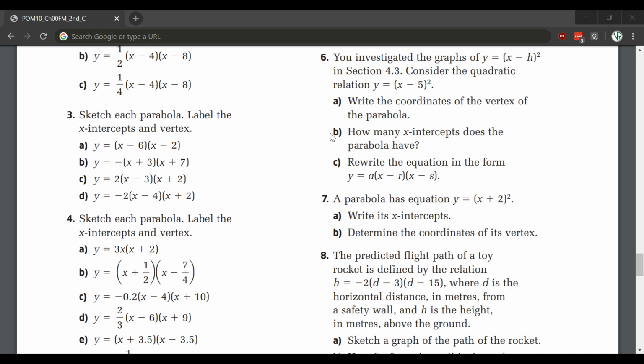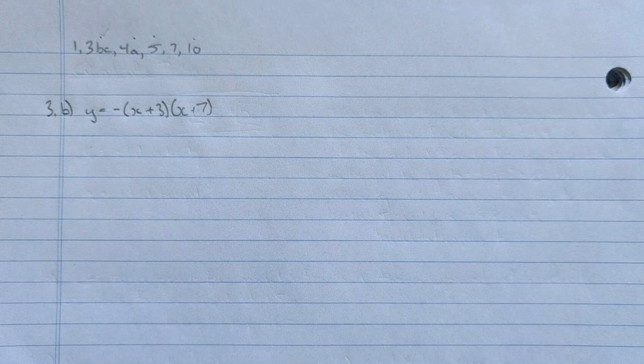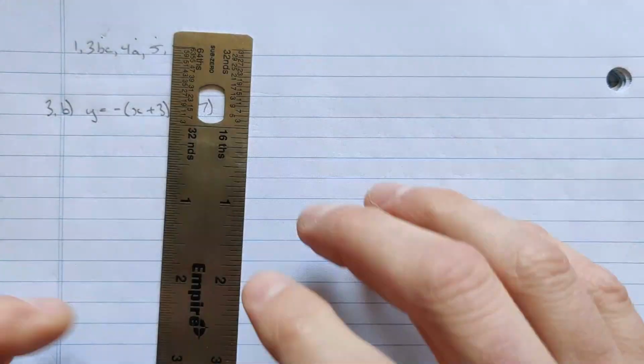And so I'm just going to copy that down for myself here. x plus 3, x plus 7. So there is the equation, and what we want to do is graph this on just a quick sketch.